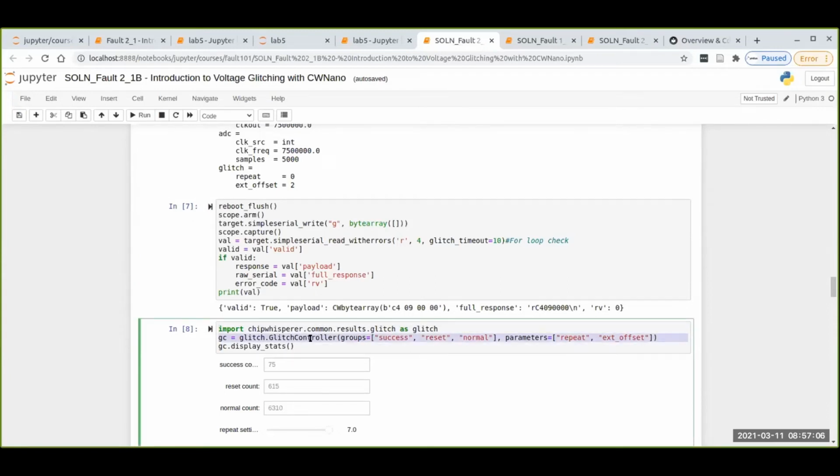Yep. So there are potential outcomes for a glitch. The easiest one to consider is the glitch has caused the entire device to reset.